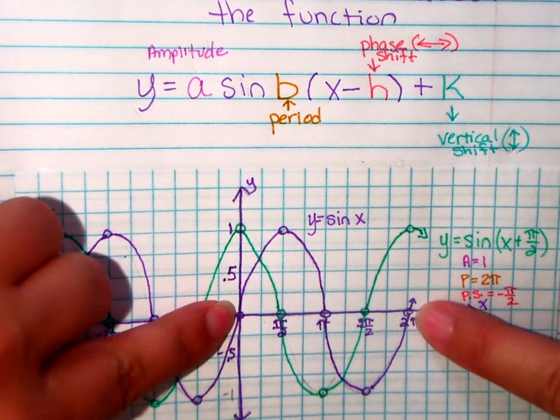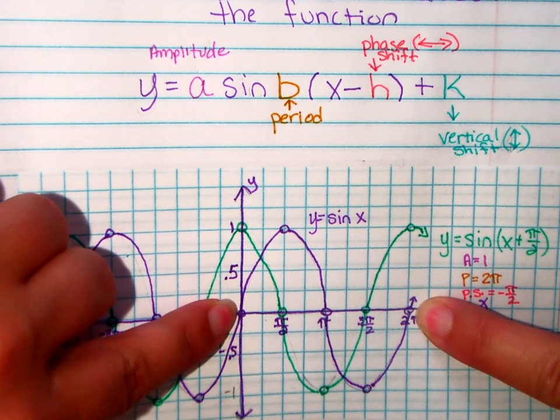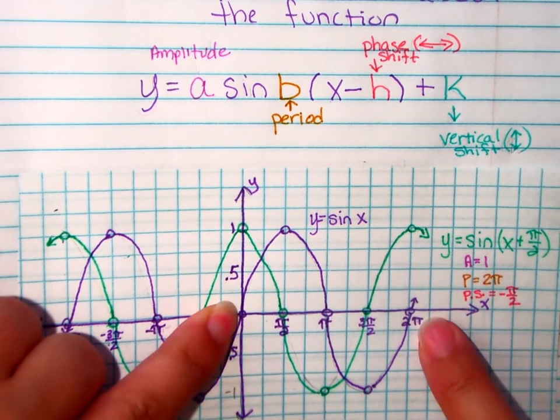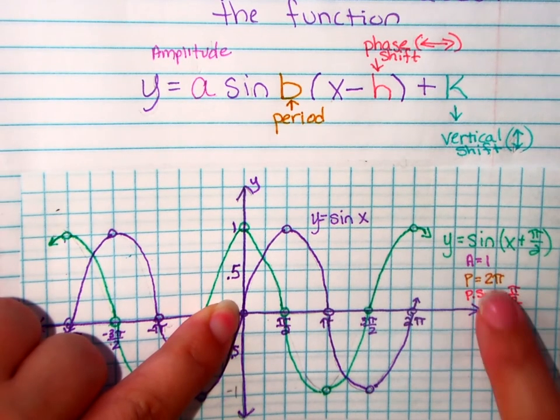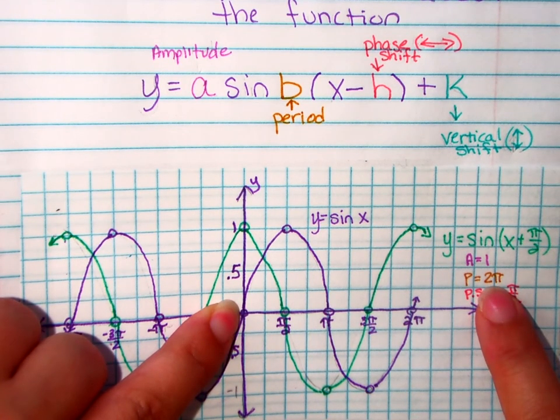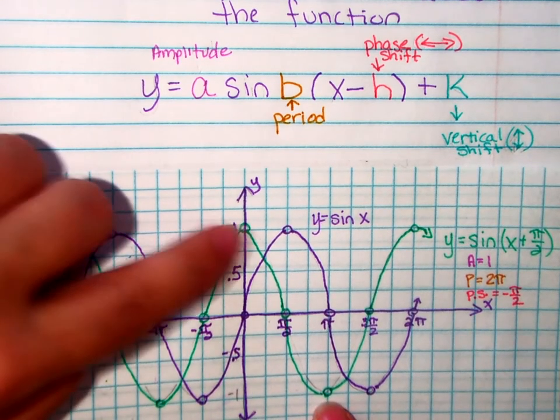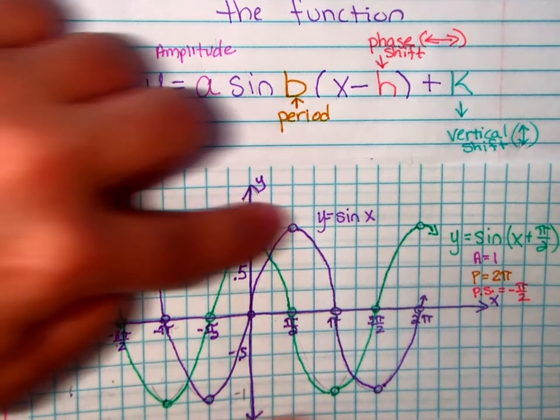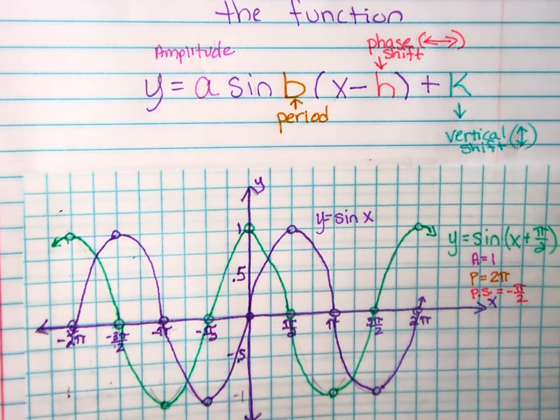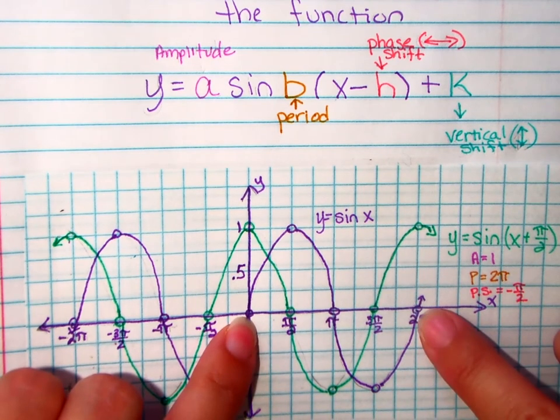So our regular y equals sine of x happens in a period of 2 pi. Do you see my period of 2 pi is still the same? Amplitude is still 1. So 1, negative 1, my maxes and mins aren't going to change. My period is still going to take 2 pi to complete its cycle.